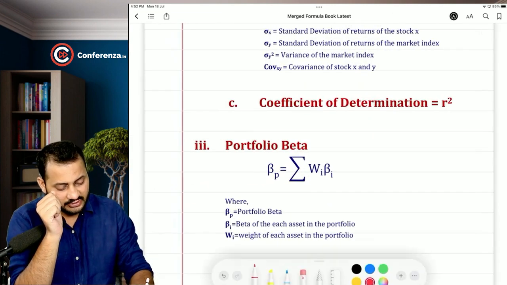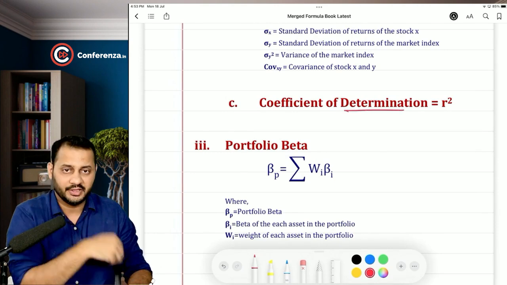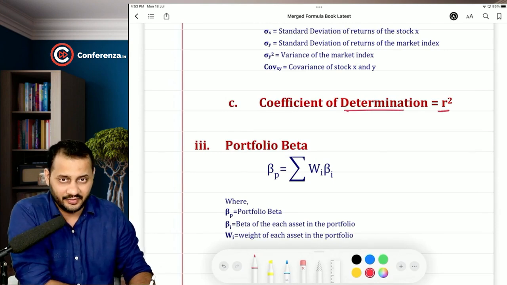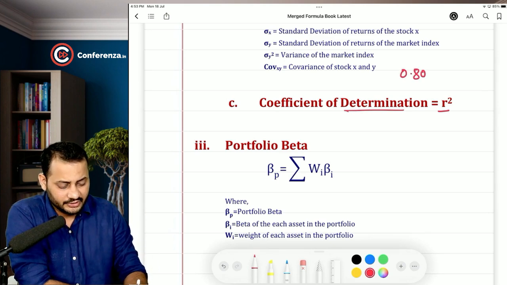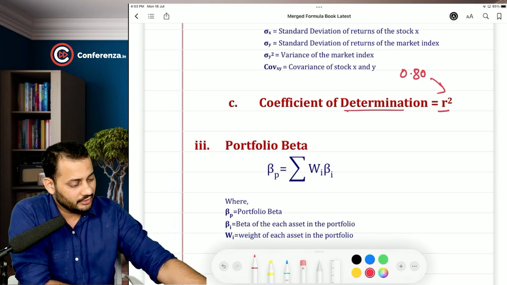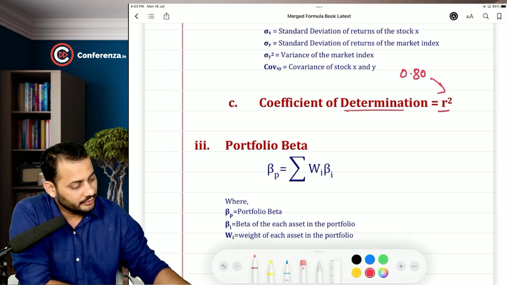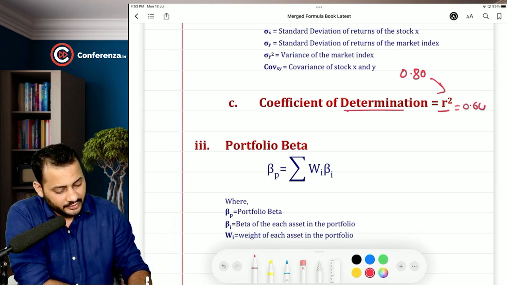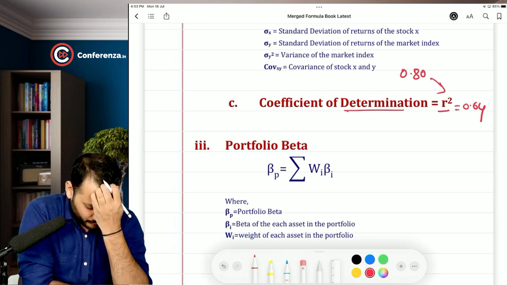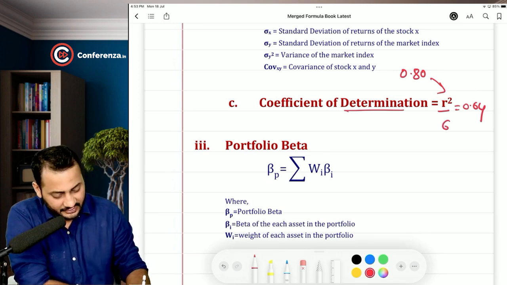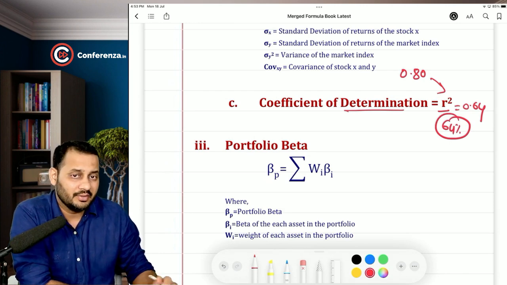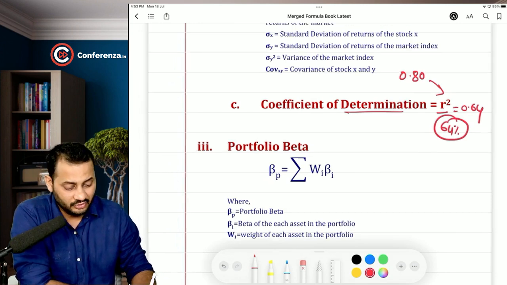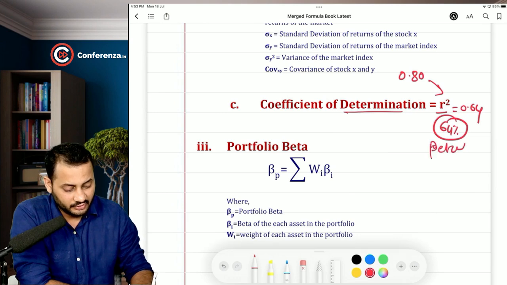There is one more concept called coefficient of determination, that is R square. Whatever is the correlation coefficient, let's say for example the correlation coefficient is 0.80. When you do the square of that, 0.8 into 0.8, the R square will come to 0.64. This 0.64 represents that 64% is the reliance on the beta of the stock.